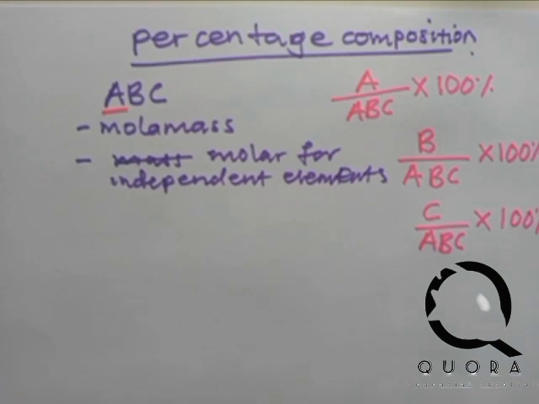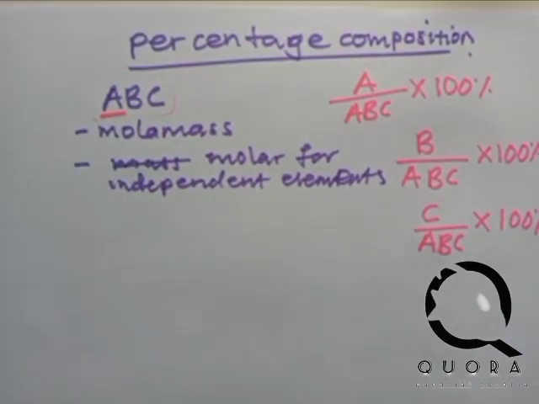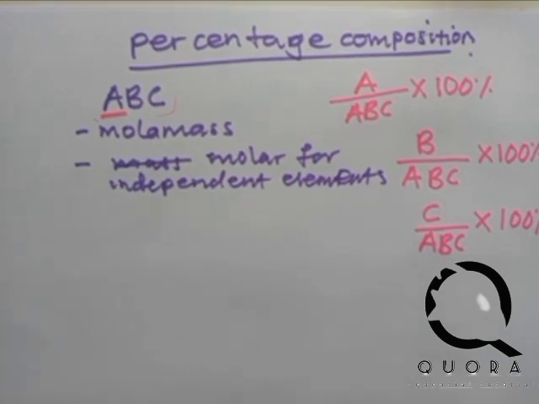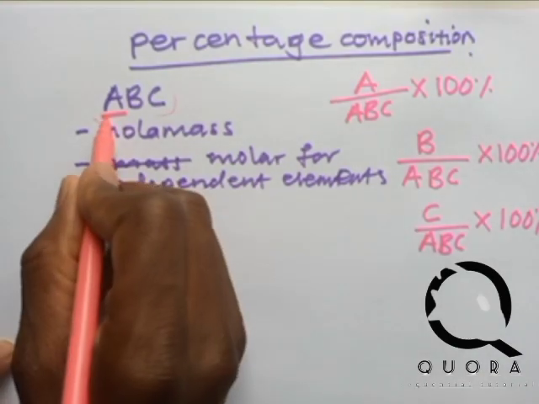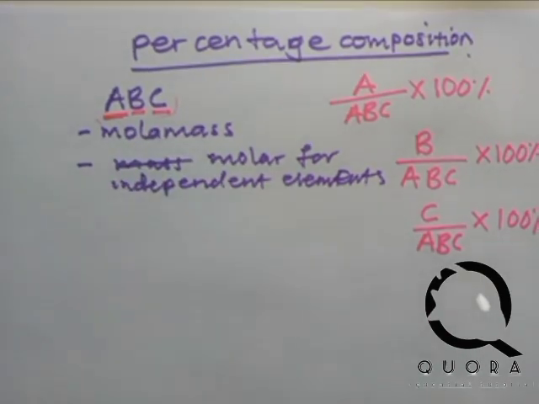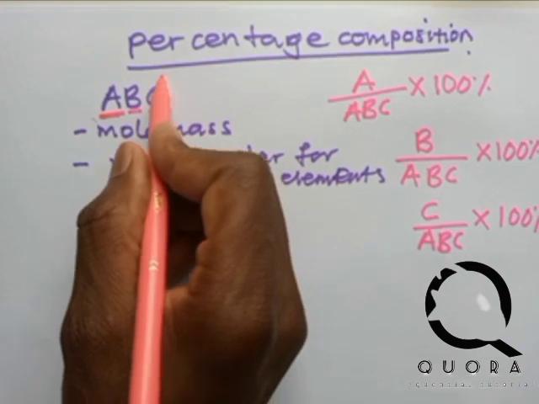Sometimes they won't even mention to calculate the percentage composition for every element. They'll just give you a question to say calculate the percentage composition for this compound. From the word composition itself, it simply means the percentage for this, percentage for that, and percentage for this must be added together to come up with the 100% for this given compound.